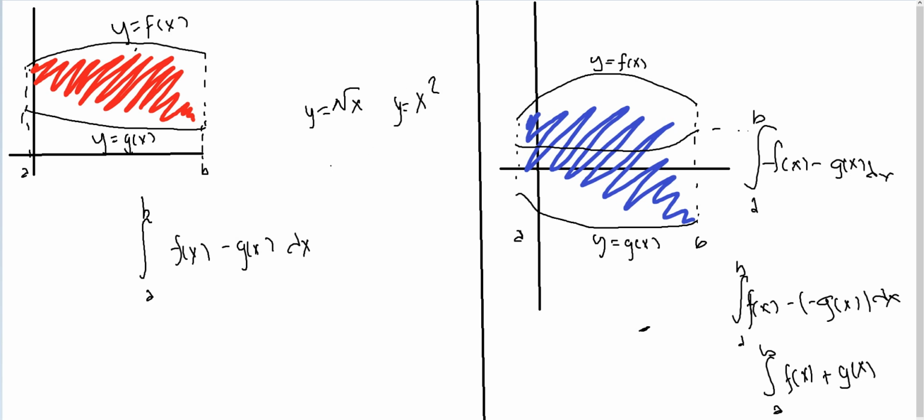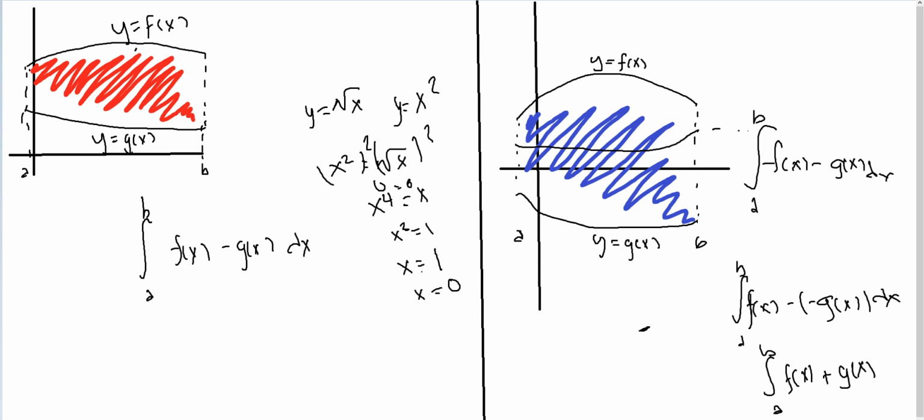So we can say that x squared is equal to rad x, and we can square both sides. We get x to the fourth is equal to x. We divide over an x and we get x cubed is equal to 1, which means that x is equal to 1. Additionally, we know that x is also equal to 0 because 0 is equal to 0.